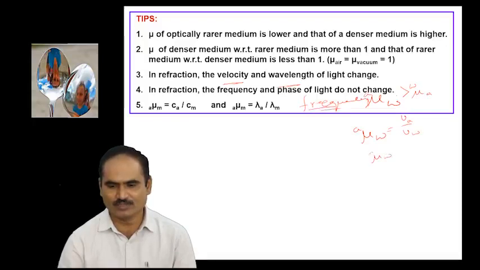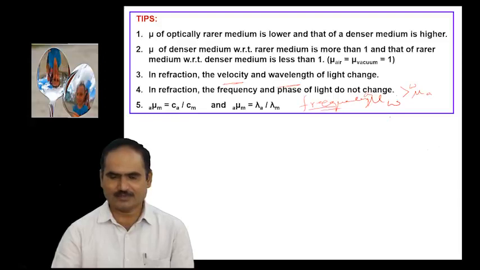And mu W with respect to air is equal to lambda A by lambda W, the wavelength of light in air to the wavelength of light in water, right? Similarly, here we can write for glass, mu glass with respect to air, that is VA by VG. Similarly, in terms of wavelength also you can write, mu G with respect to air is equal to lambda A by lambda G.